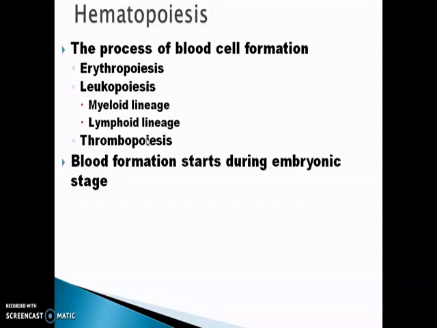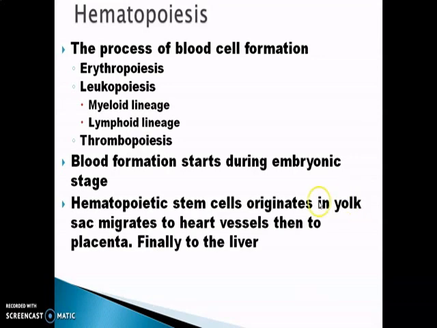So hematopoiesis starts at an early stage of life within the placenta. In the human embryo, blood formation, the RBC formation, starts at the embryonic stage of 20 days by the blood islands present in the yolk sac.